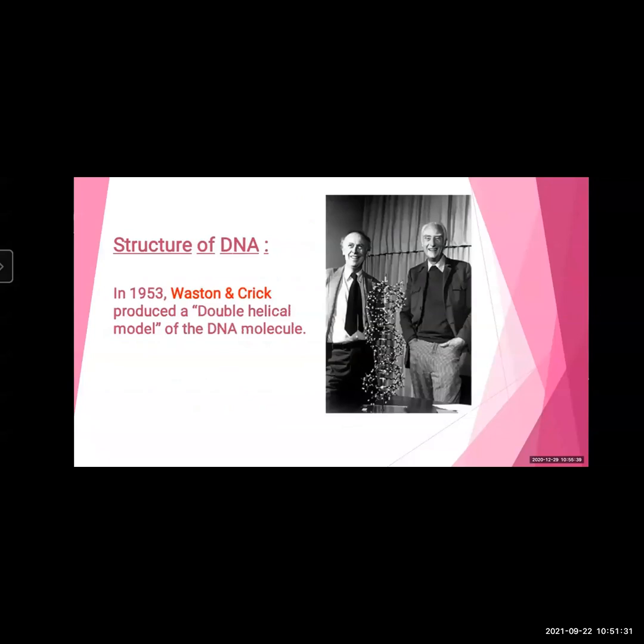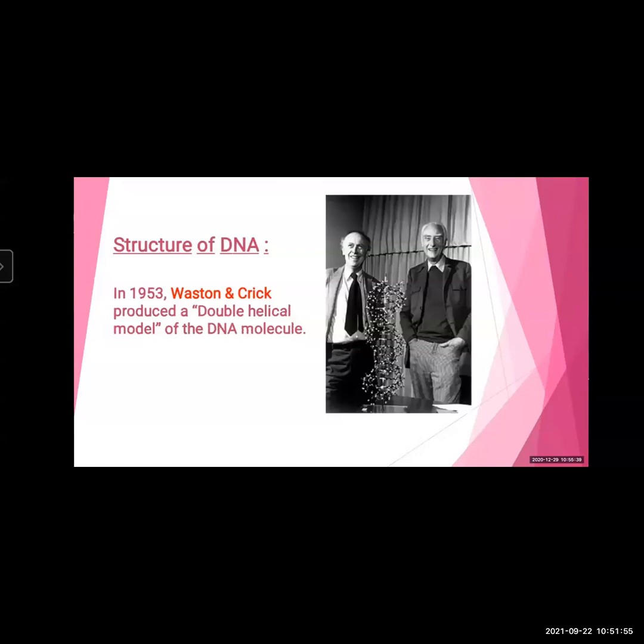They produced the double helical model of the DNA molecule. So these were the people who found out how the structure of the DNA is, right? So they have studied the structure of the DNA, and that is why the structure is now called as Watson and Crick double helical structure, right? It was discovered in 1953.